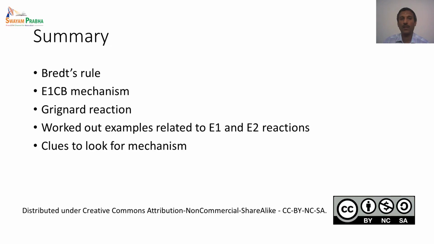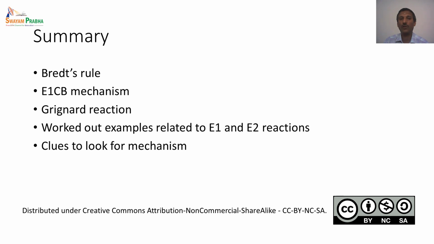Let us recap the summary. We have studied so far about Bredt's rule, how the bridgehead in smaller ring systems cannot form a double bond, that we have seen, and in the E1CB mechanism what is the difficulty in comparing it with the E2 mechanism, and how to determine the rate. All those things we have studied about the E1CB mechanism.